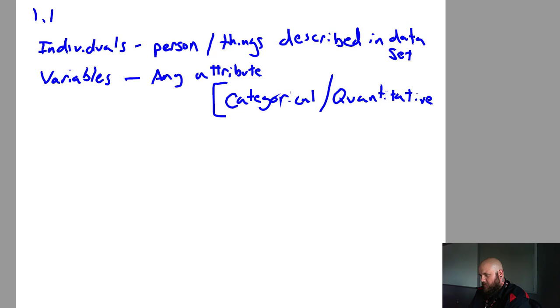Now then you're probably wondering, well, what's the difference between those two? Well, when you're looking at this, your categorical values, it's abbreviated CAT, your categorical values are given by a label, so an actual word, okay?